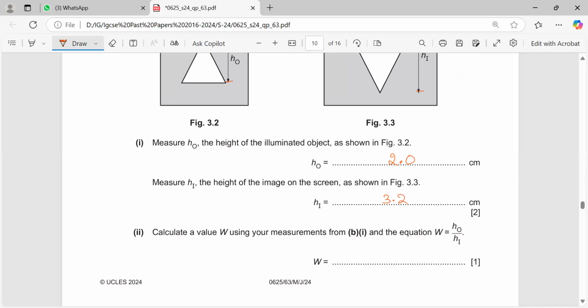Calculate m using your measurements. m is equal to h0 over h1, 2 over 3.2. We get 2 divided by 3.2, 0.625, so 0.63, and there will be no unit. The reason is that centimeter cancels with centimeter, so it is a ratio between the same quantities.